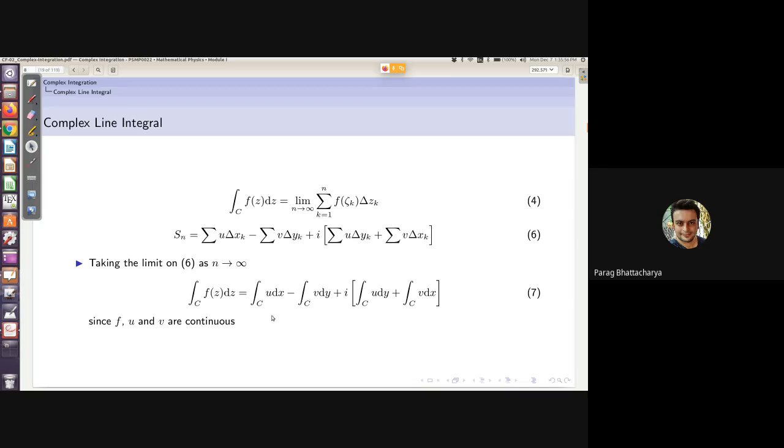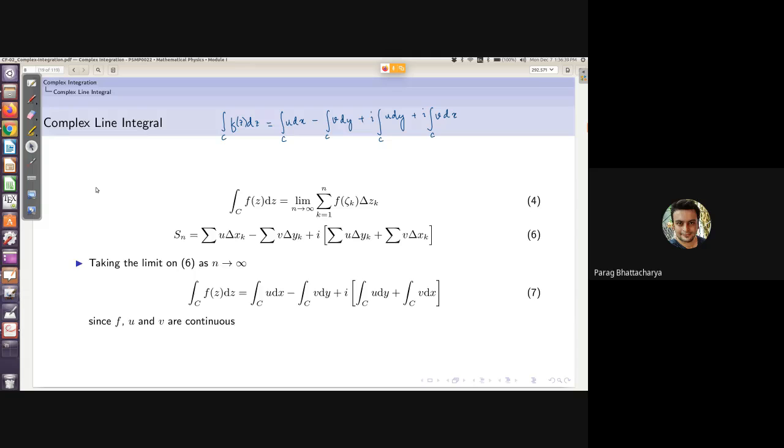If you write down this equation and compare it with what we got on the left hand side, they are one and the same. So these four integrals together will give us f of z. Let me write this down: integration over c of f of z dz is equal to integration over c of u dx minus integration over c of v dy plus i into integration over c of u dy plus i into integration over c of v dx.